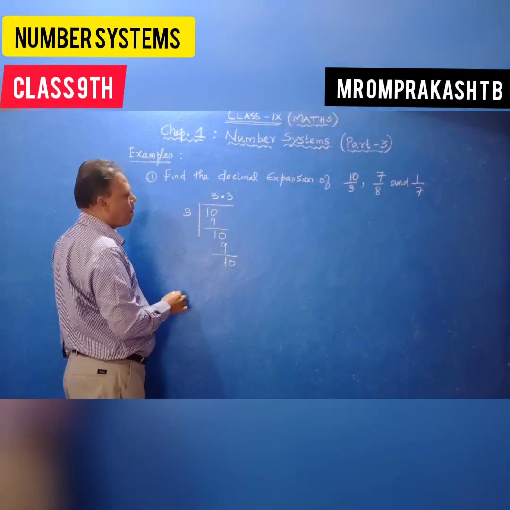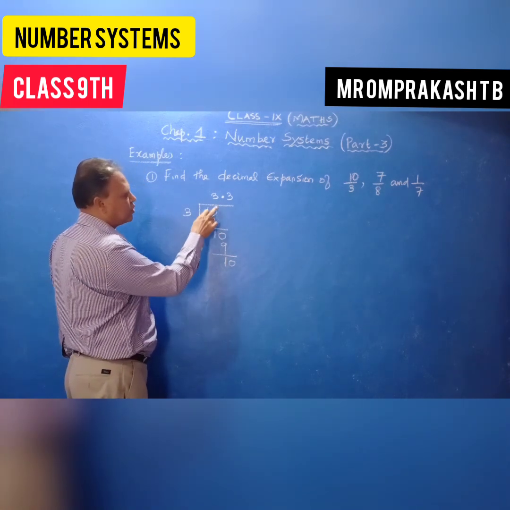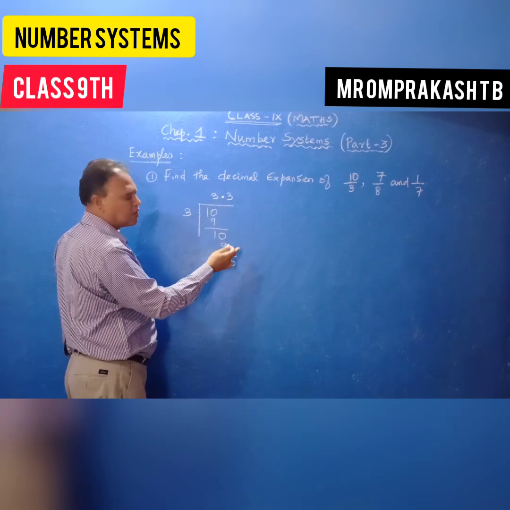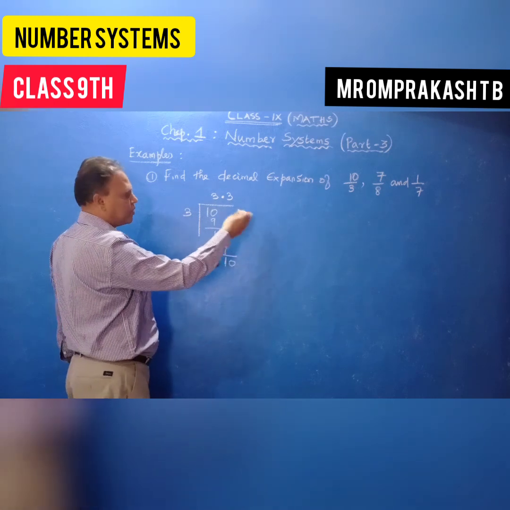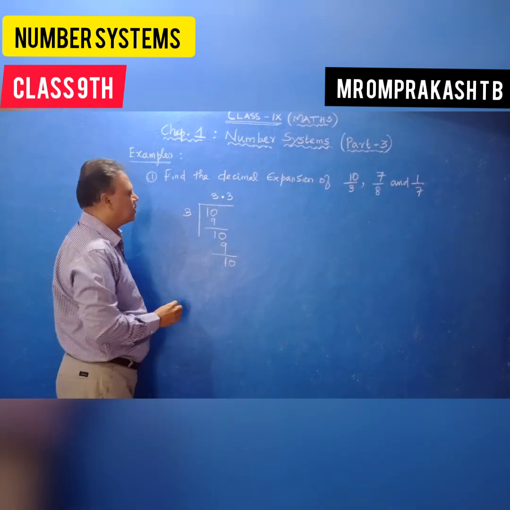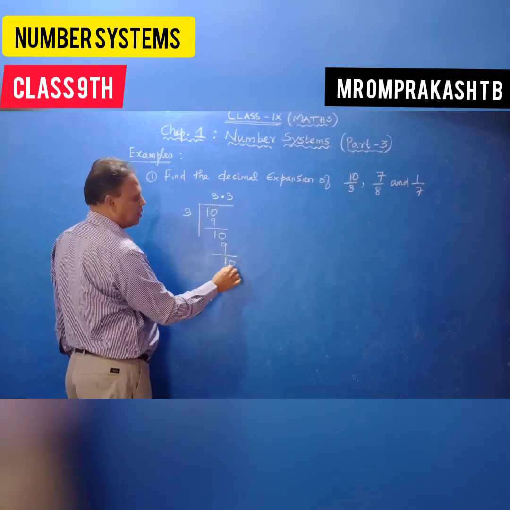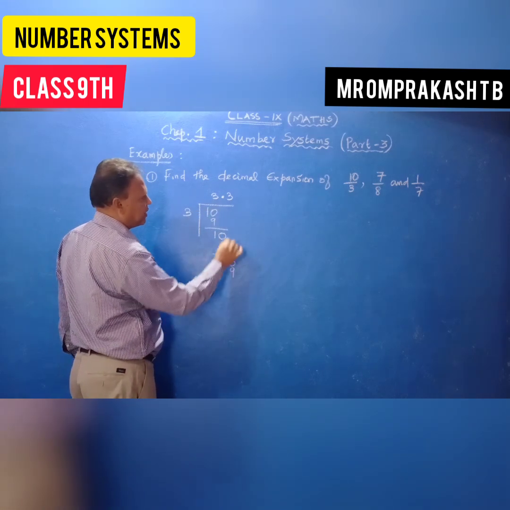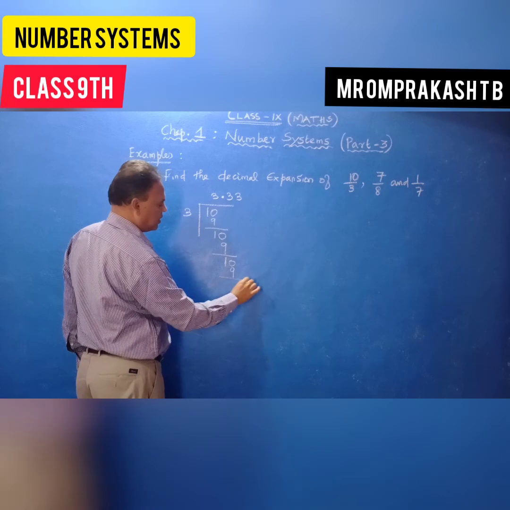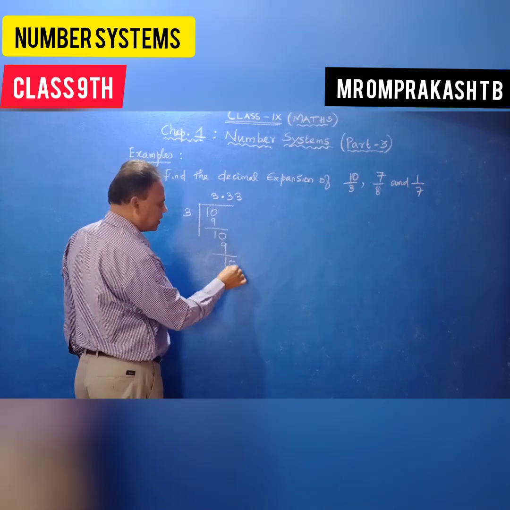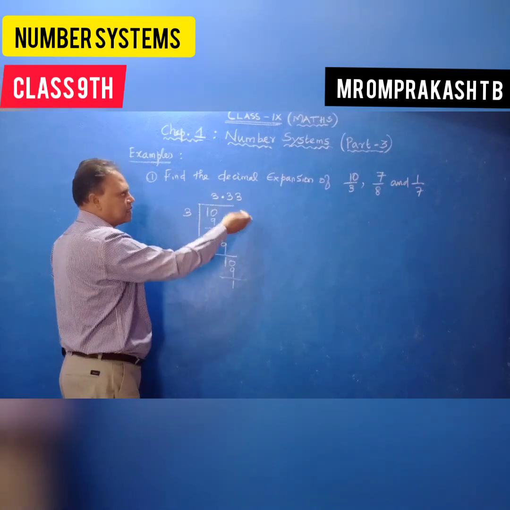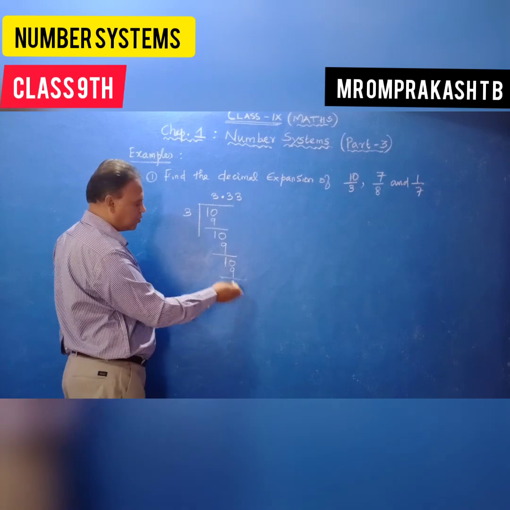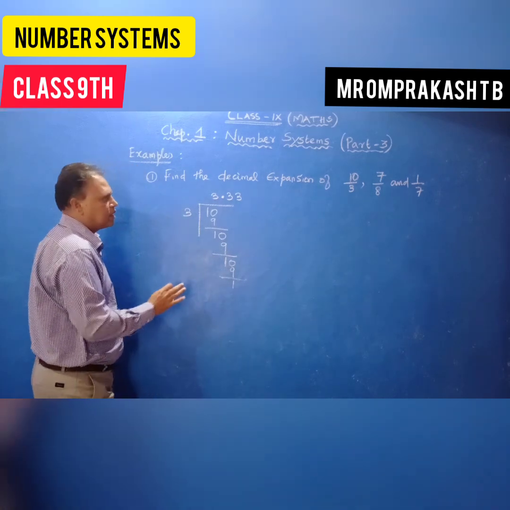See, the first time you put a 0, you have to keep the decimal point. Then you can add more zeros. Again 3 times 3 is 9, 3 will come. Again remainder 1. So it is repeating, it will go on like this, never ending.